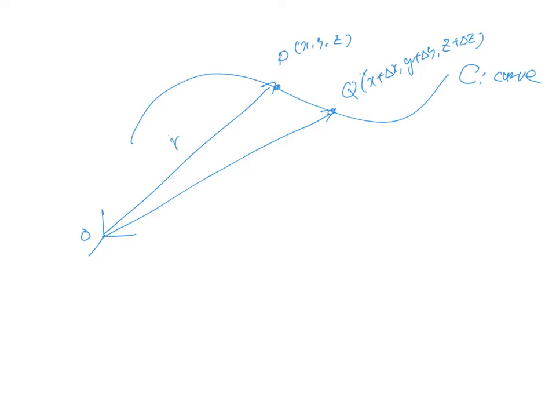It's called r, r plus delta r, and this vector is delta r. So P and Q are points on the curve C, and this is delta r.